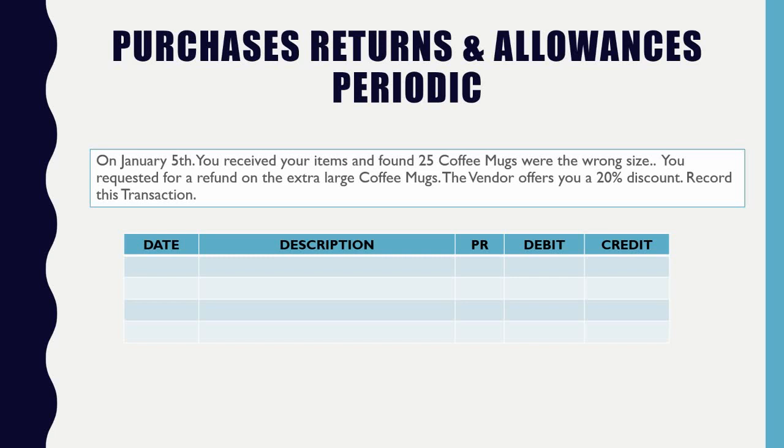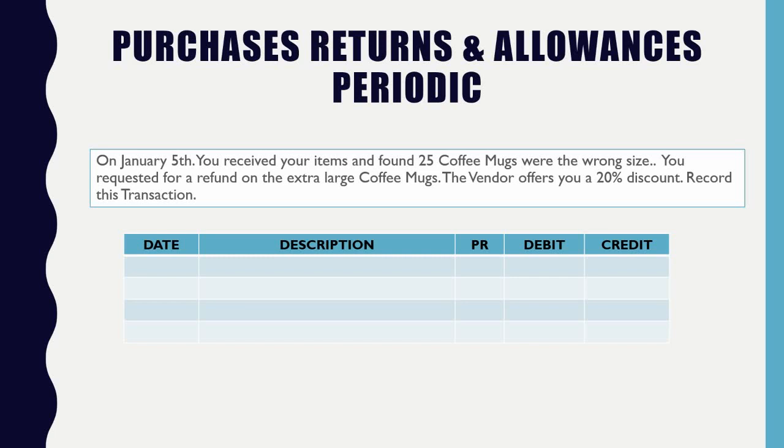So what they can do is convince you: since we are absolutely sorry we sent you the wrong sizing of the item, we'll give you a deal. We'll give you a 20% discount off of those cups because we sent you the wrong ones. They're selling it to you at the price that you originally purchased it for, plus an additional 20% discount because they sent you the wrong item.